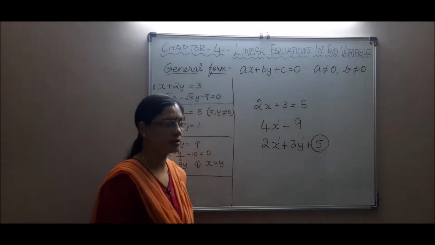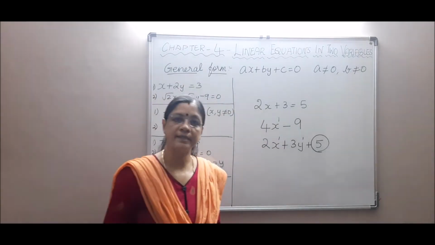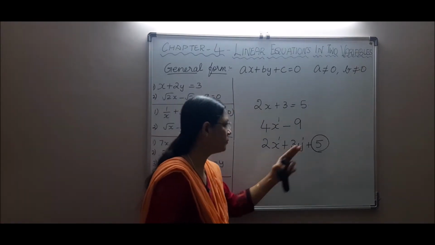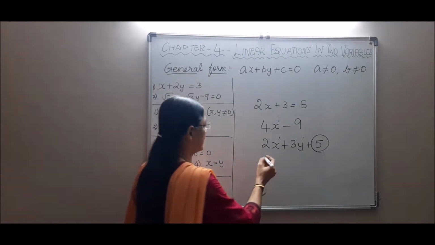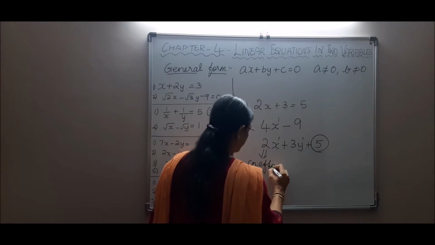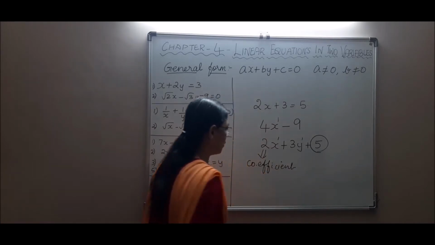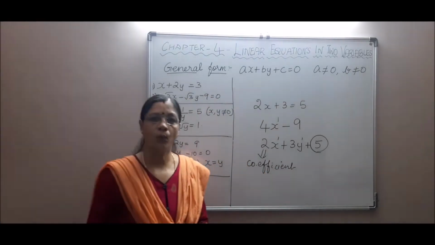5 is a constant. Now 2 and 3 are also constants, but since they occur near the variables, they have a separate term which is called coefficient. This is called coefficient of the variable.